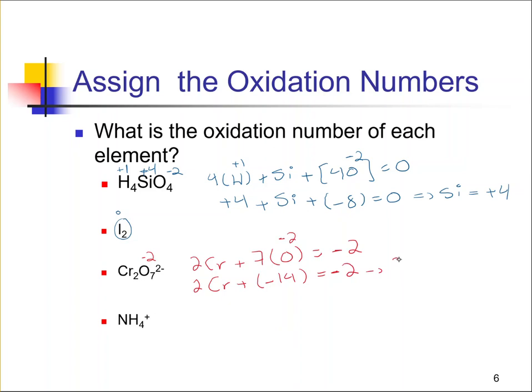So this tells me that the oxidation number of 2 chromium should equal positive 12. It means that the oxidation number of each chromium is positive 6.